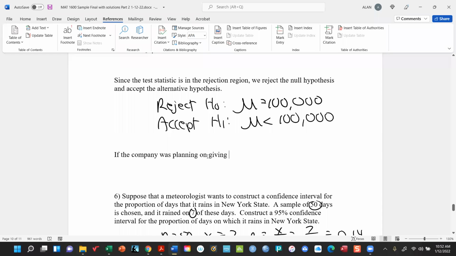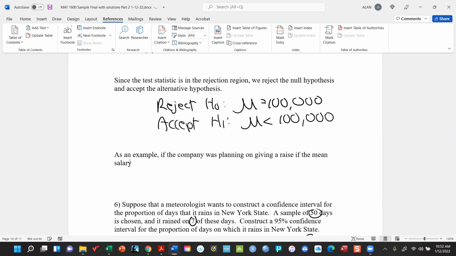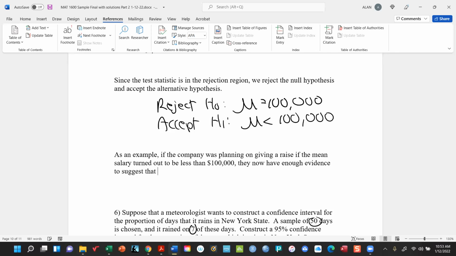So let's say, as an example, if the company was planning on giving a raise, if the mean salary turned out to be less than $100,000, they now have enough evidence to suggest that a raise should be paid.